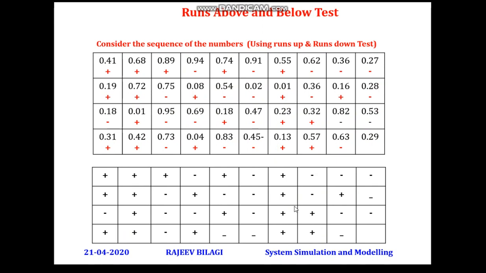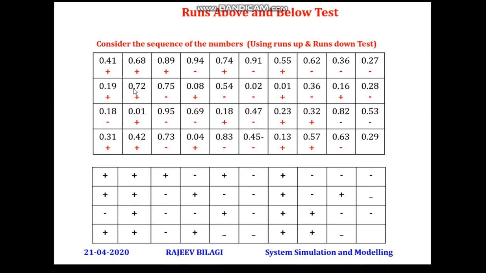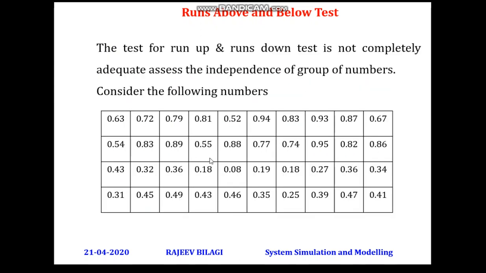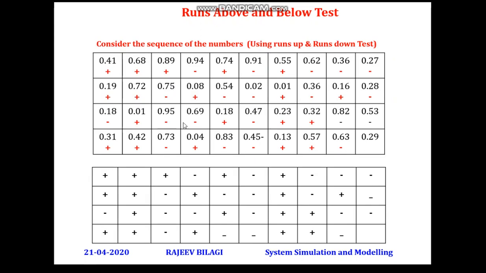Now to explain this, I have taken a different set of random numbers. These are another set of numbers which are not the same as the previous one. For this I have identified the plus and minus signs using the runs up and down test only, and you are going to get the same sequence which you got previously.